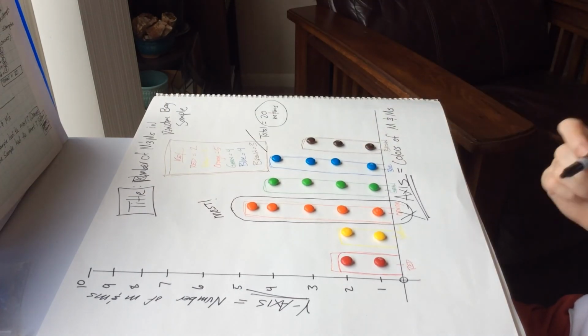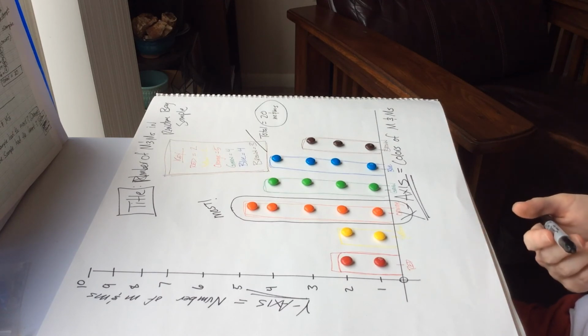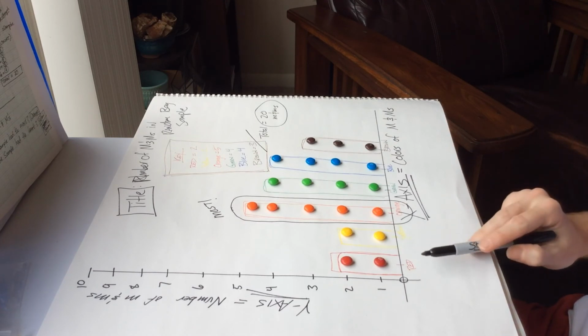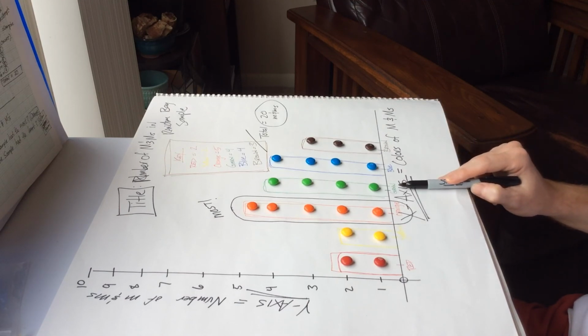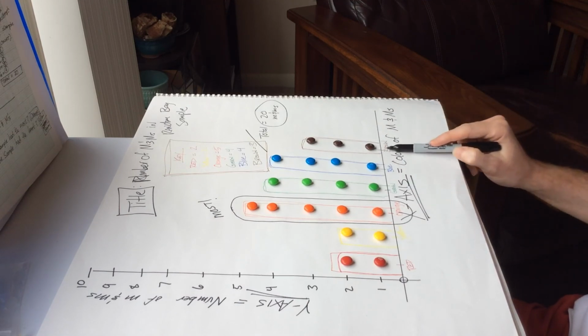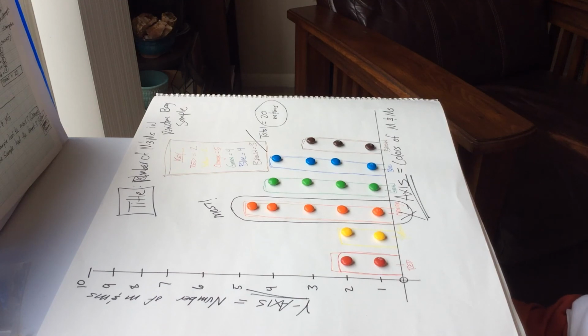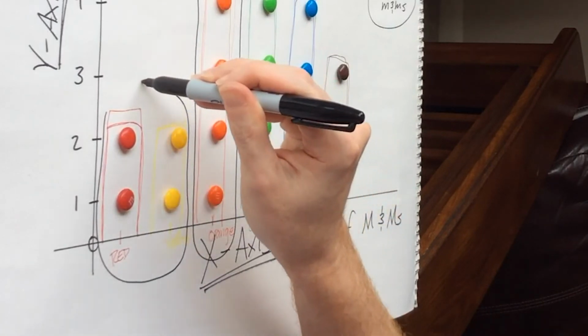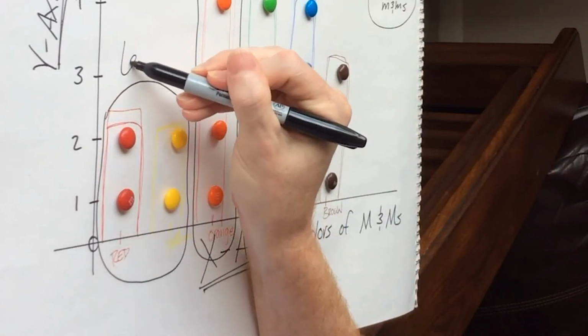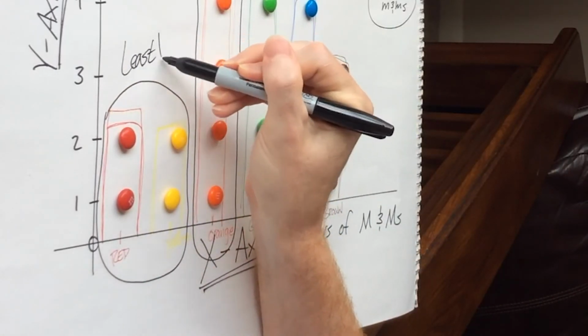Let's ask which color or colors from the sample had the least. Red has 2, yellow has 2, orange has 5, green has 4, blue has 4, brown has 3. So it looks from our sample it's a tie between red and yellow with the least.